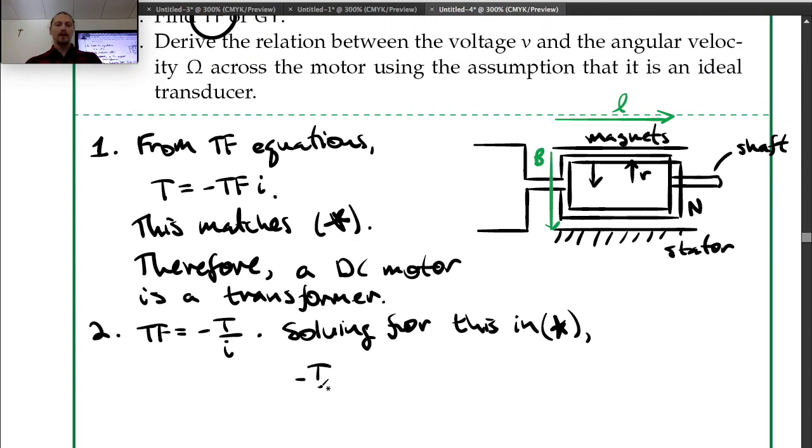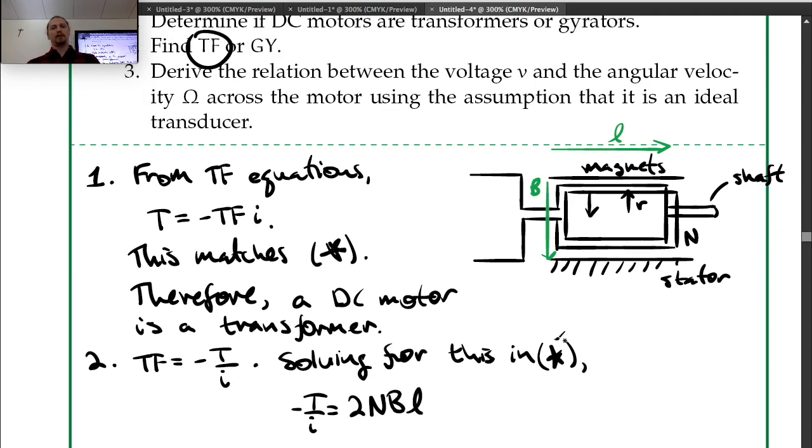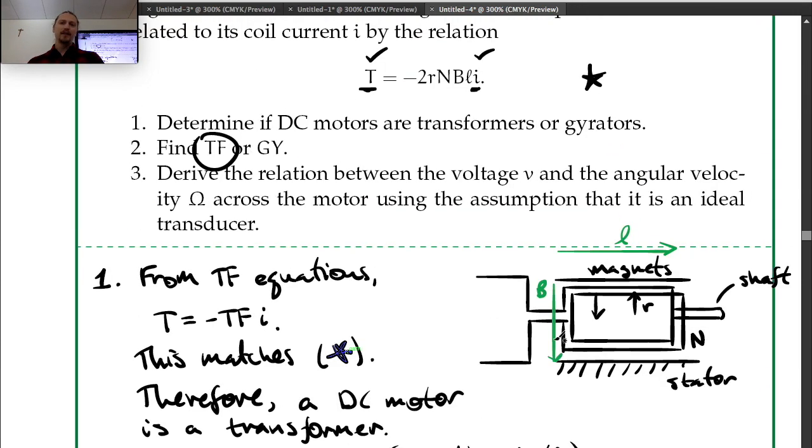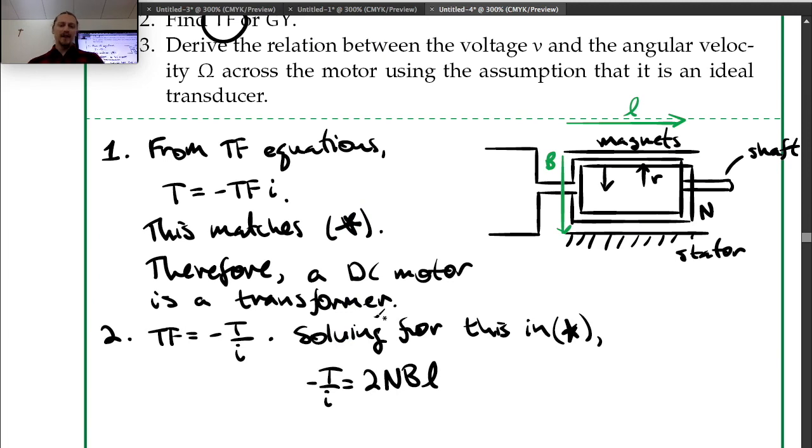Negative T over I equals 2 NBL. There should be an R in this equation. Yeah, there is, I just didn't see it. There we go. So now we're good.